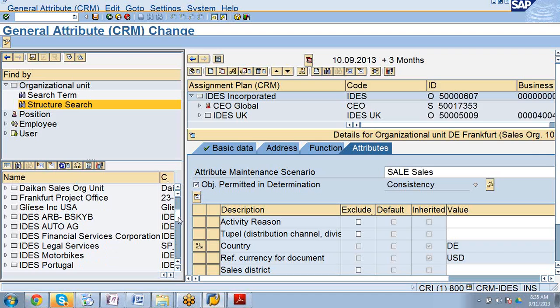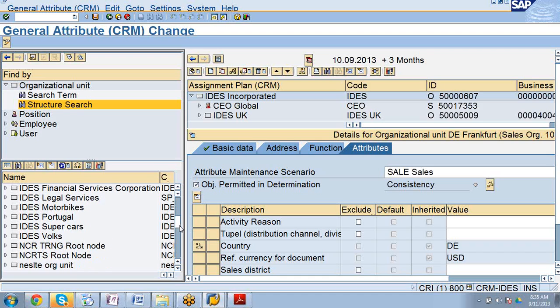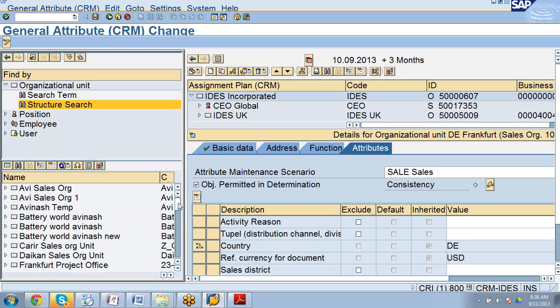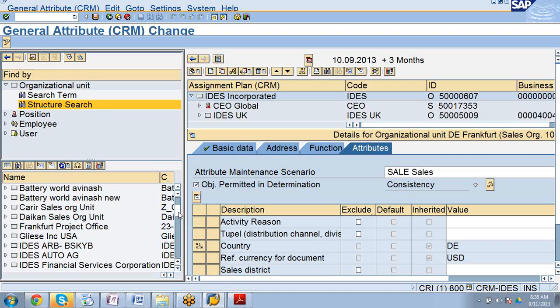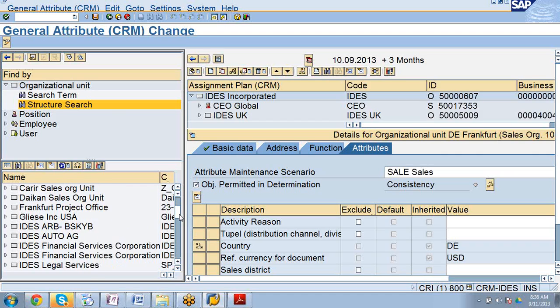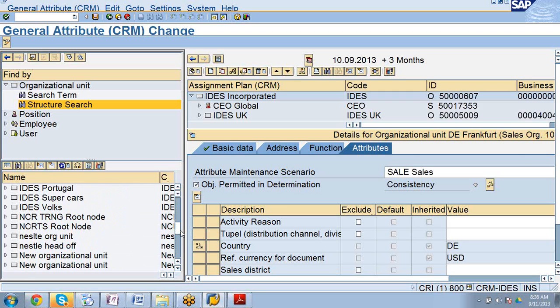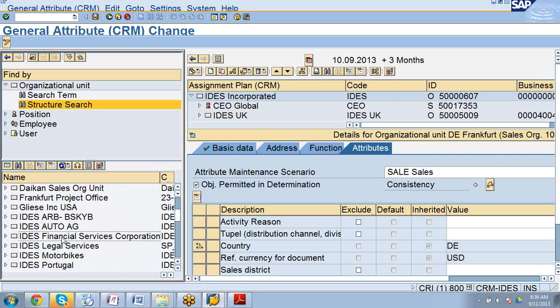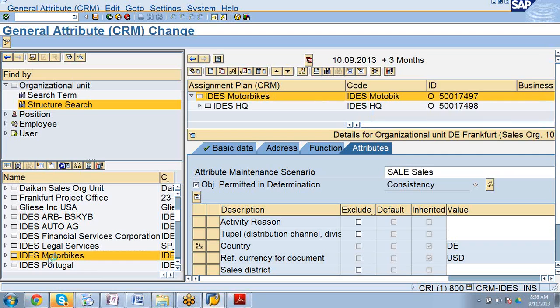So each one of you take one org model from this place and explain to me in detail whatever is being taught today. See these examples. In IDS you have IDS Financial Services, IDS Legal Services, IDS Motorbikes. So I want you guys to explain to me. Swapna, you take IDS Motorbikes.